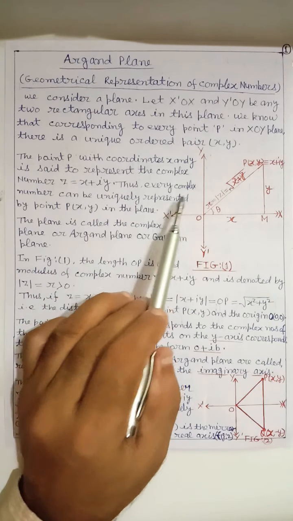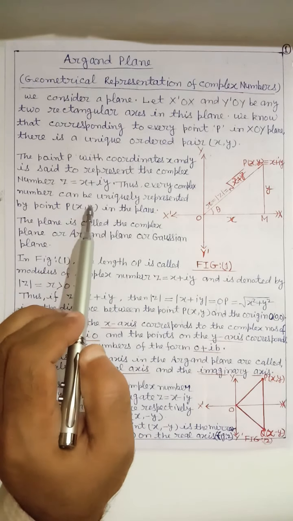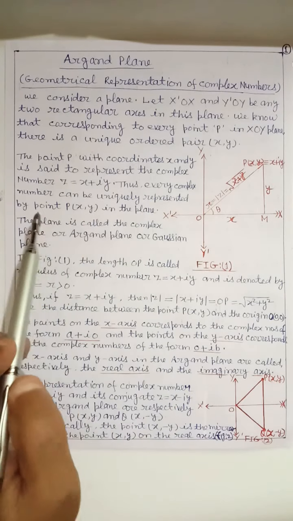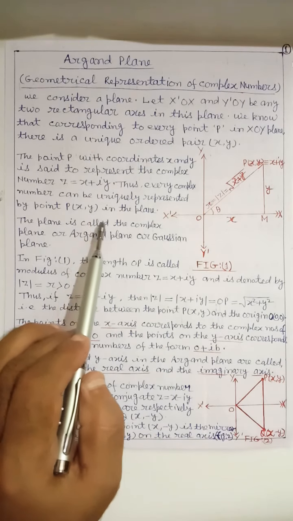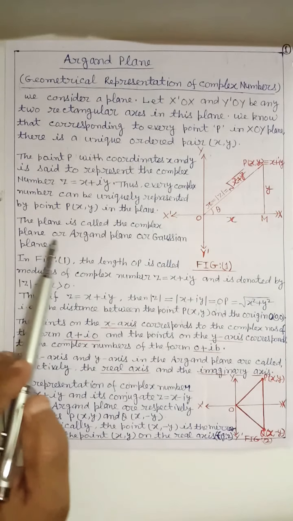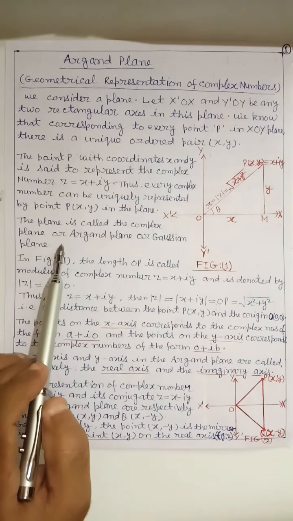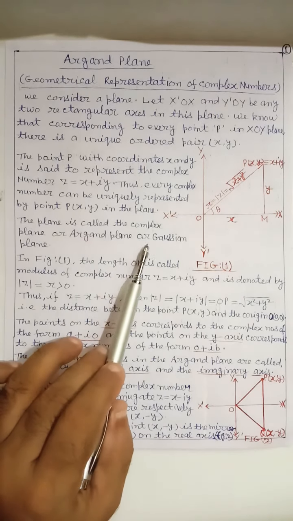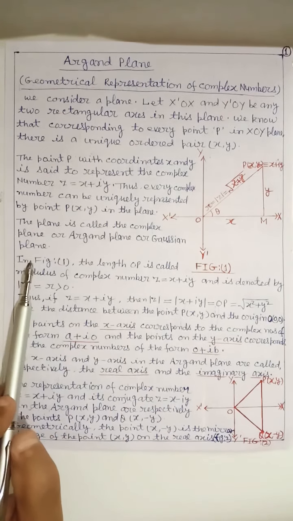Thus, every complex number can be uniquely represented by a point P(x, y) in the plane. Here, the plane is called the complex plane or Argand plane or Gaussian plane.